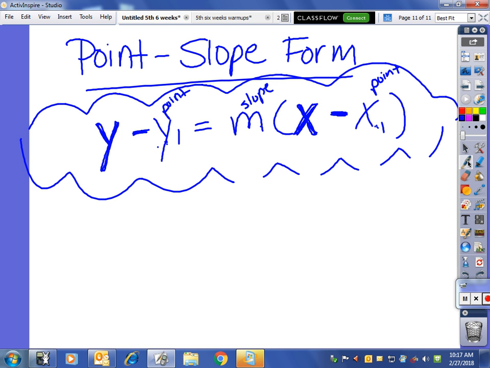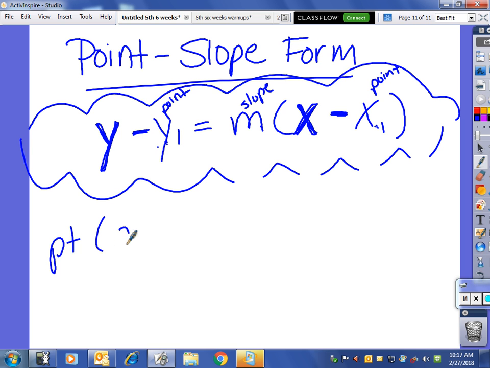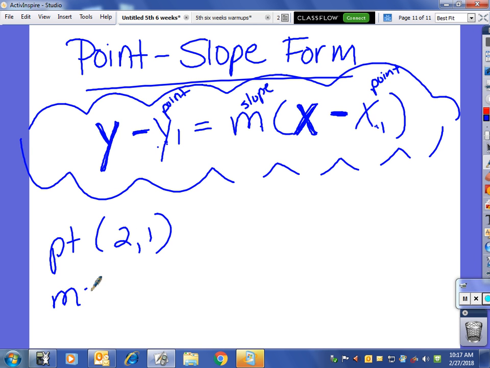Give me a point, any point. 2, 1. Give me a slope. 3/4. Alright, write the equation in point slope form.